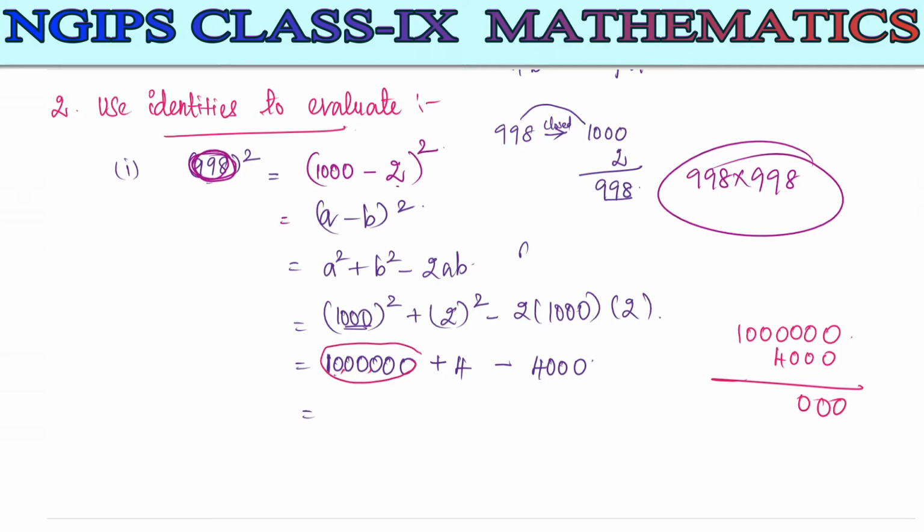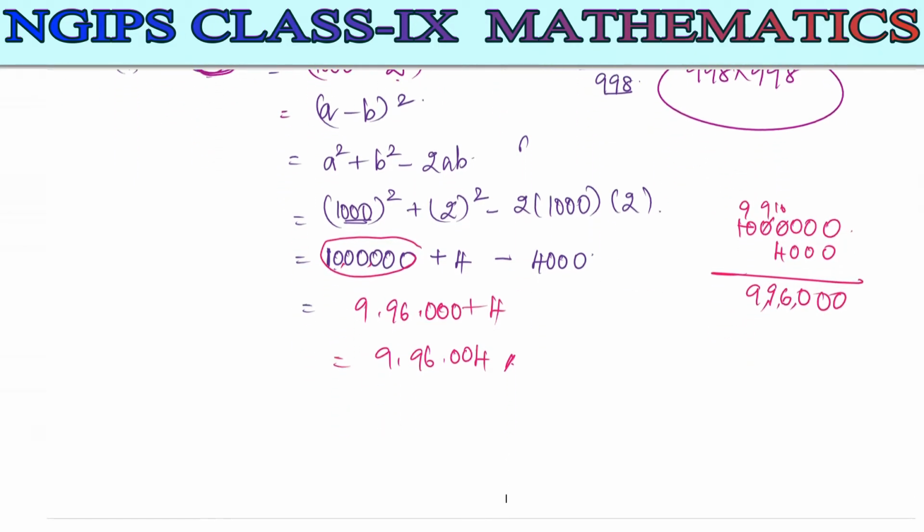So here this value is going to be 9, and here it is 9, and here it is going to be 10. 10 minus 4 is 6. 9 9. So totally we'll get 9,96,004. So this is the final answer.